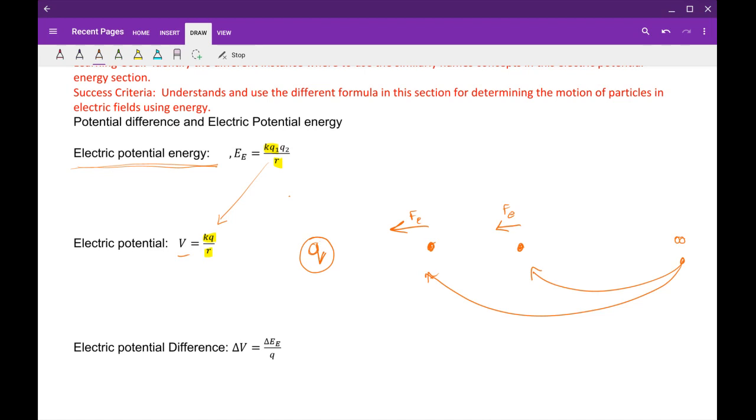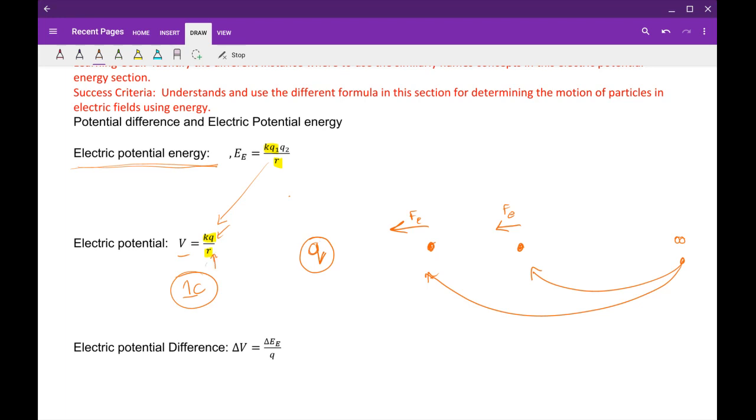The actual definition is basically the amount of energy that's required to move 1 coulomb, and they're choosing 1 just to make it a standard, 1 coulomb of charge from infinitely far away to a distance r from Q. Okay, so let me repeat that.